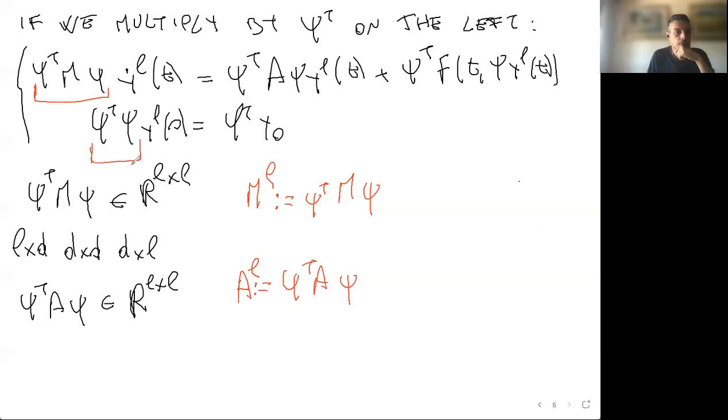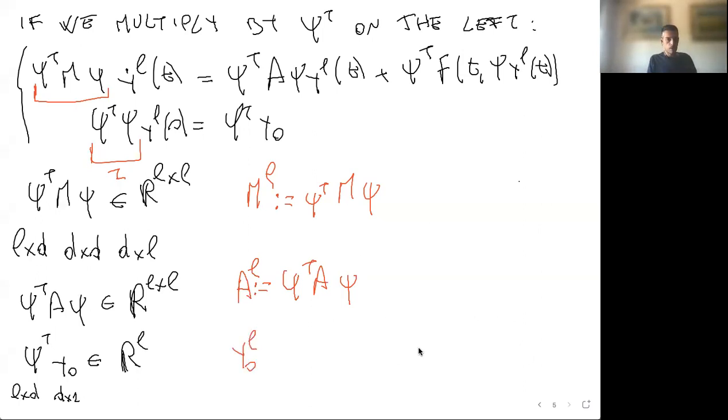Here we know that psi transpose psi is the identity, and psi transpose Y0 is L by D, D by 1. So this is a vector of dimension L. I'm going to denote it by Y0L, which is psi transpose Y0.